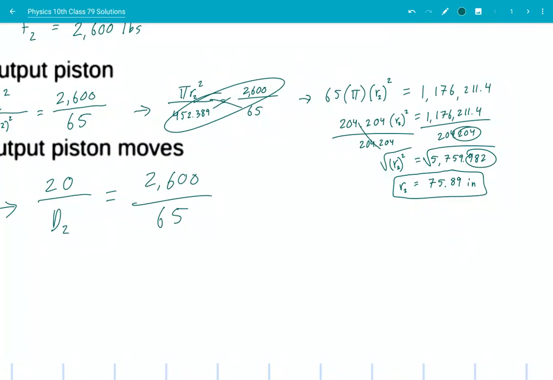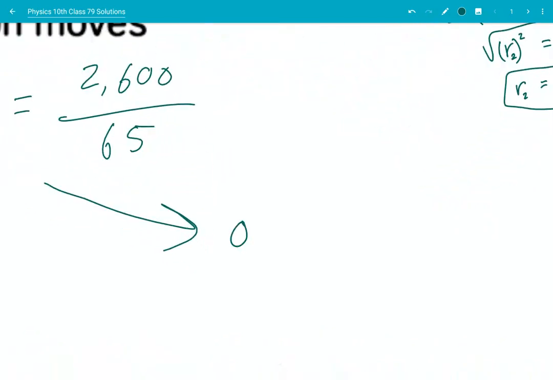Cross multiply all this. I'm not going to do this whole process like I said before. So cross multiply, and you get D2 is 0.5 inches. All right, so there's our answer.